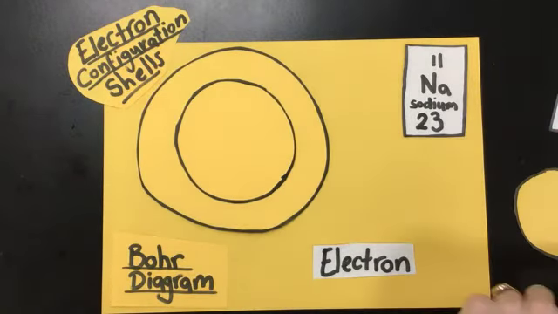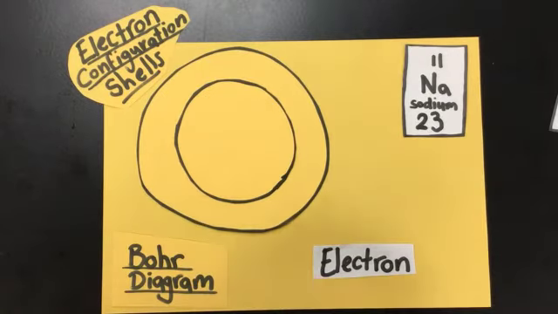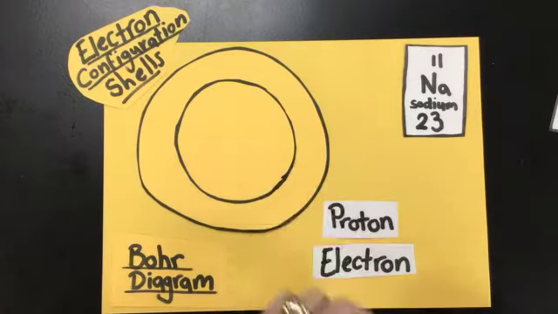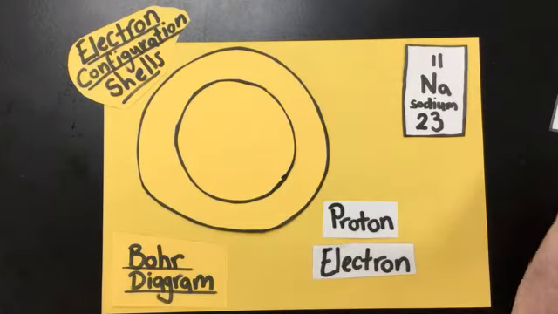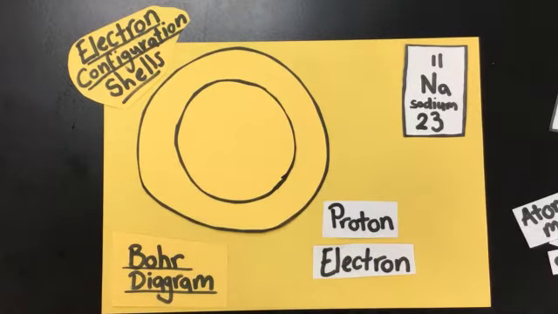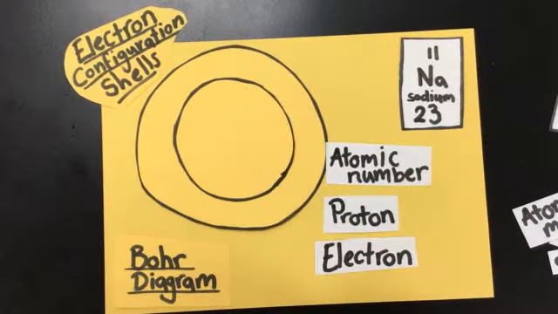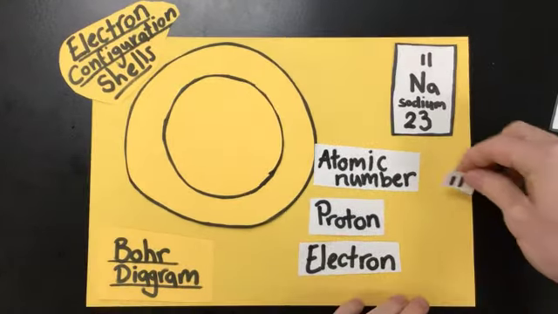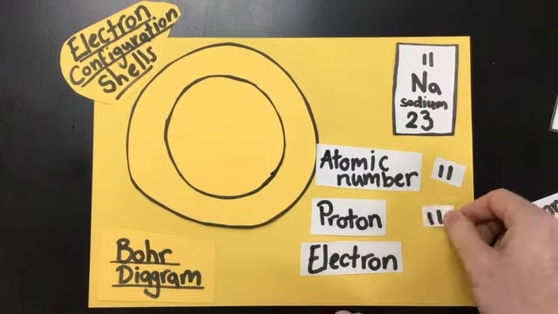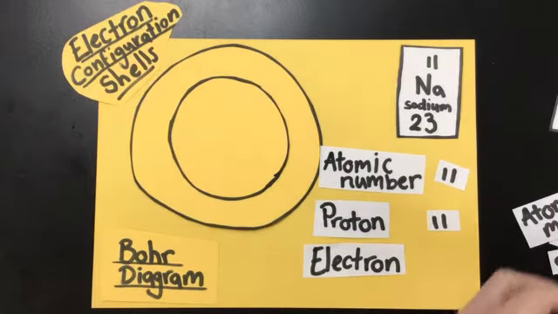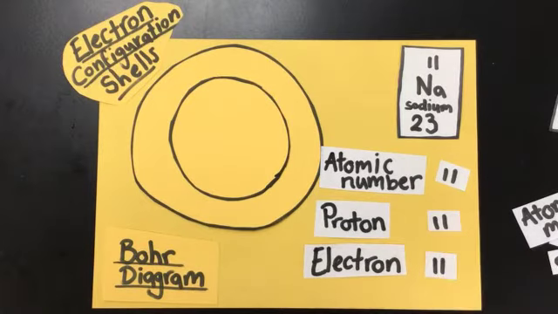So how many electrons would we have? Well, my electrons and my protons all equal the same as my atomic number, which in this case is 11. All of them equal 11.